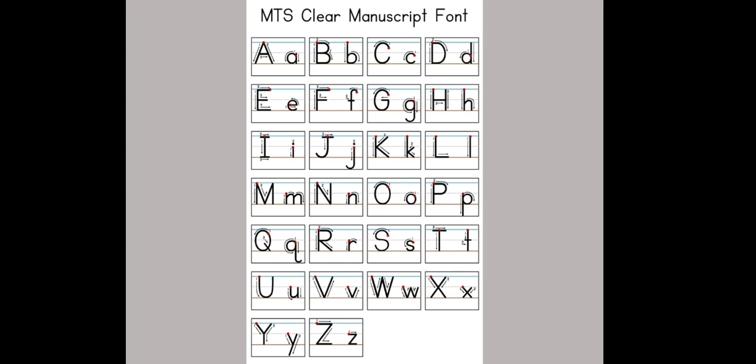The first letter sound there is A, B, K, which is the curly K, D, E, F, G, H, I, J, K. That is the kicking K, L, M, N, O, P, Q, R, S, T, U, V, W, X, Y. And the last sound, Z.